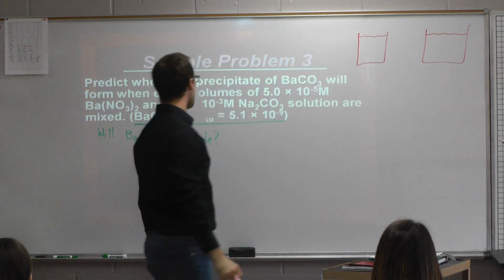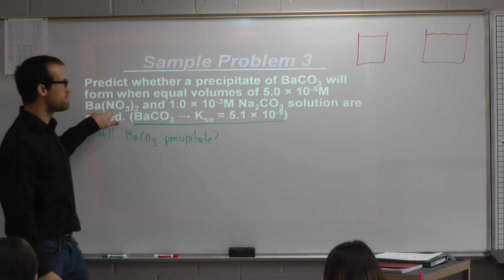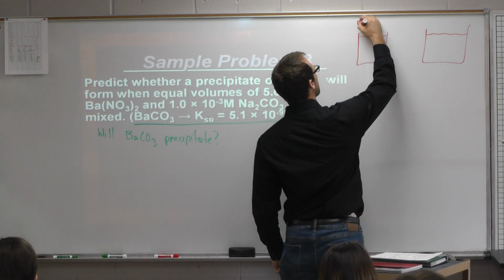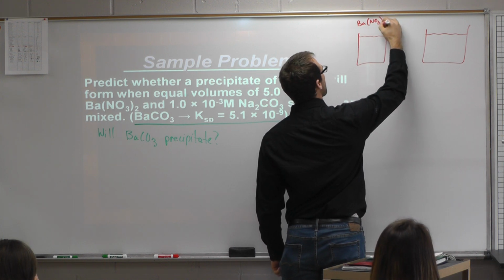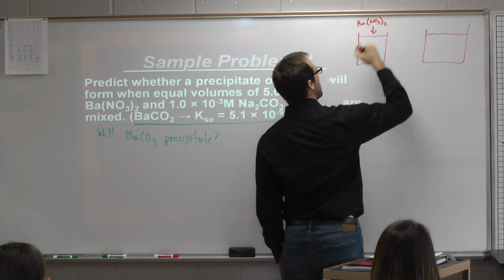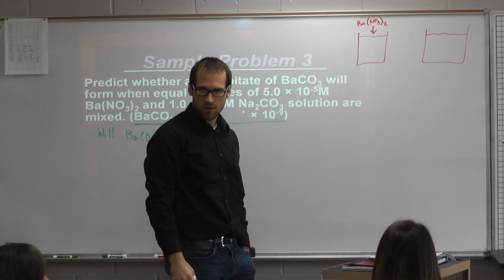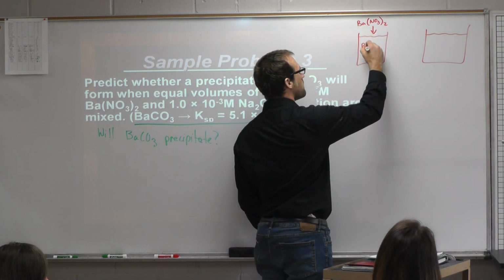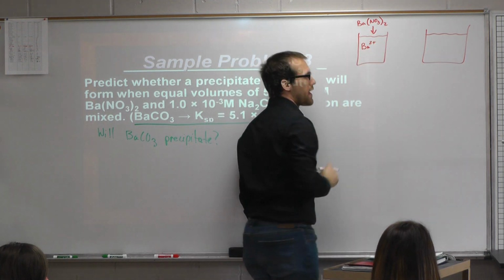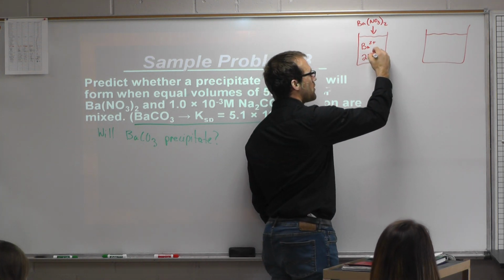In the first beaker, I have Ba(NO3)2. That's going to go into the beaker, and when it dissolves, it will produce what? Ba2+ and 2NO3-.